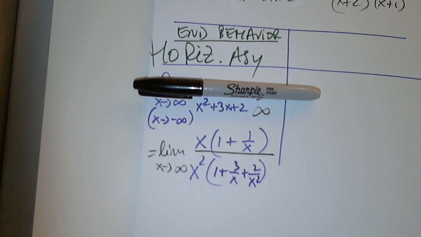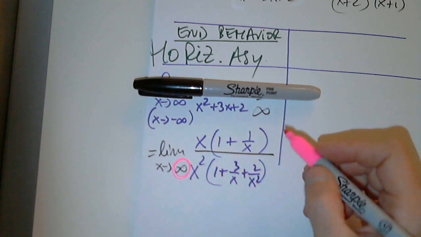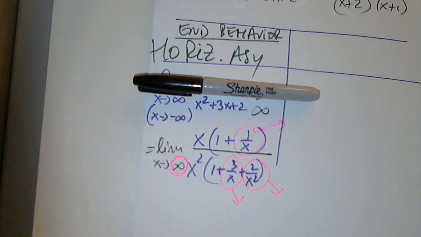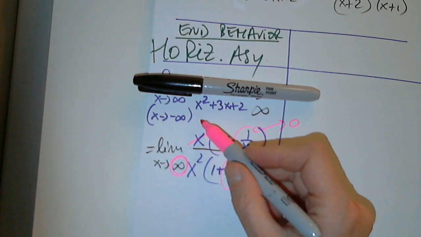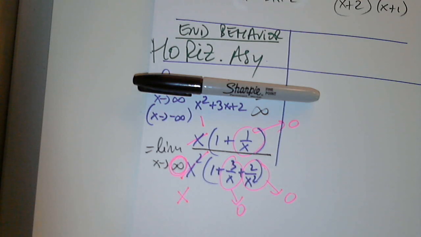So now, only because x approaches infinity, where does this go? Where does this go? Where does this go? 0. All of them. Excellent. Thank you, Vicky. And now I simplify an x from the top and I have a 1. I simplify an x from the denominator and I get x. All this, without looking here, is going where?